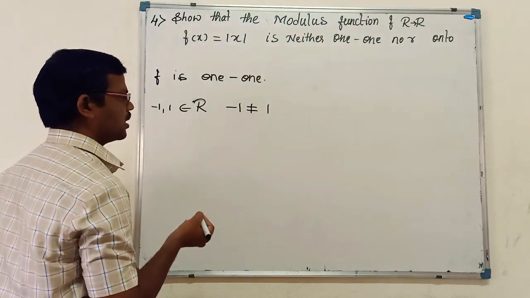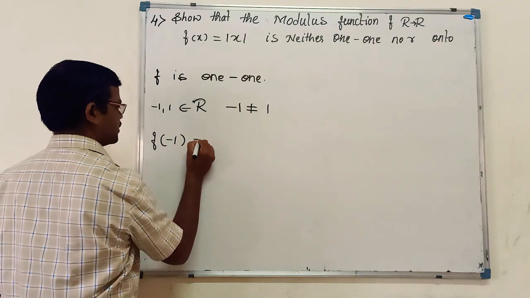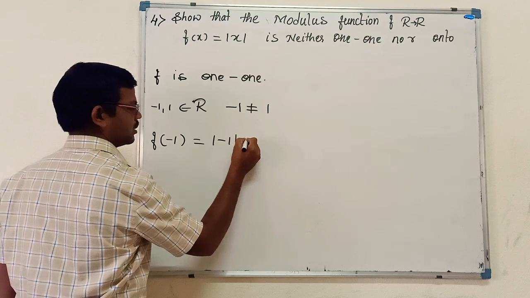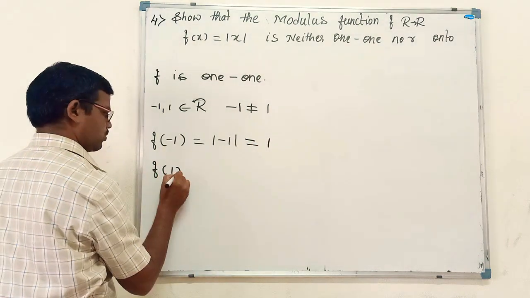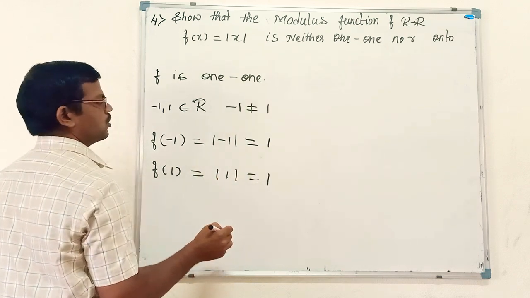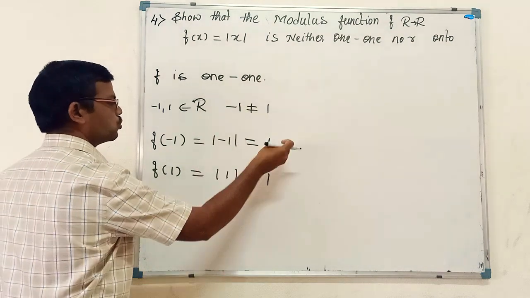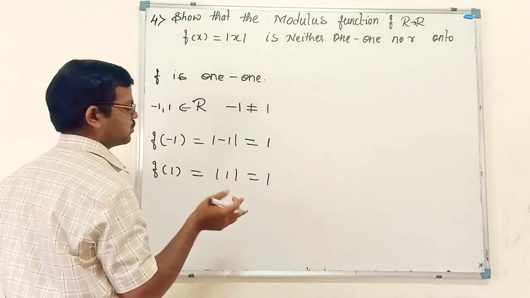Let me find their images. f of -1 is equal to mod -1, which is 1. Next, f of 1 is equal to mod 1, which is 1 itself. Because mod converts a negative to a positive, its output is always non-negative.